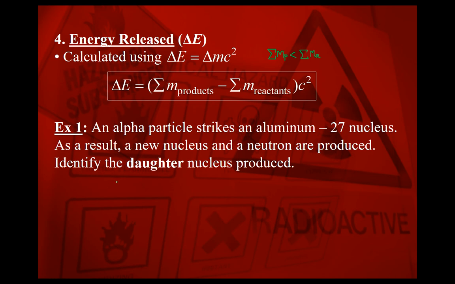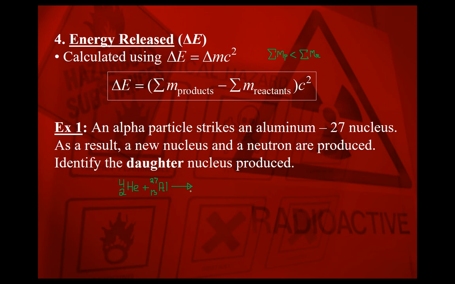So an alpha particle is helium-4, with atomic number 2. And we're reacting it with aluminum-27. That's the nucleon number, so that goes at the top. And aluminum has an atomic number that is 13. All right, look at that, a lot faster than I did the plutonium.